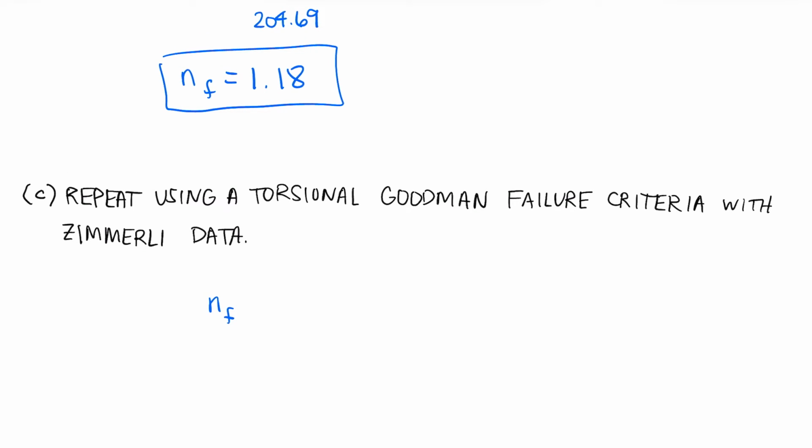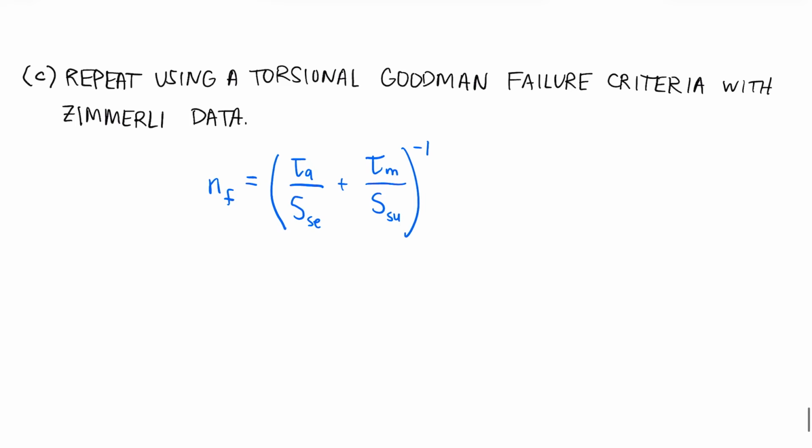I'm going to write it in the shear stress form, which is the alternating stress over the endurance limit in shear plus the mean stress over the ultimate shear strength, or the torsional modulus of rupture, all of that inverted. And we already have all of this from part A of the problem, so we can just plug this in.